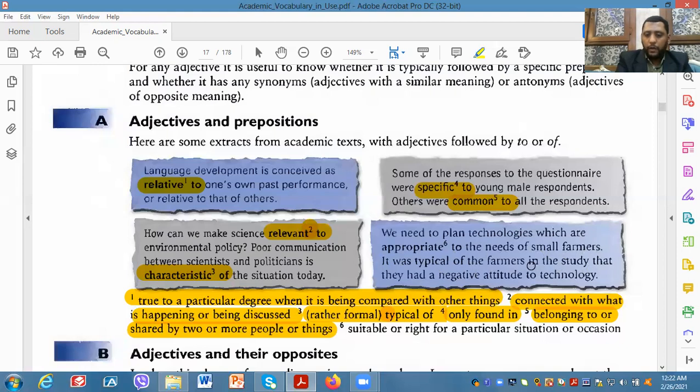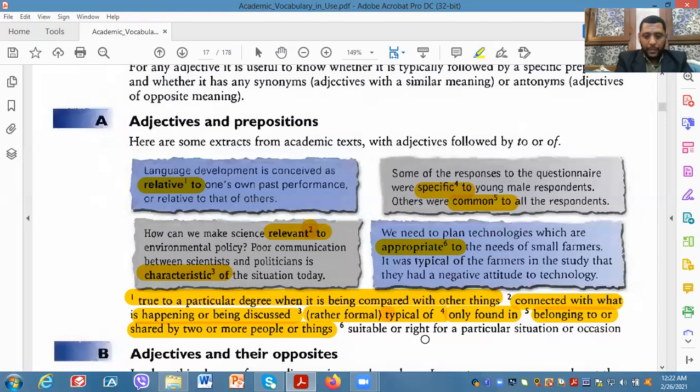It was typical of the farmers in the study that they had a negative attitude to technology. All right, so where is the adjective in here? Appropriate, and it was followed by to, which is the preposition. Appropriate to is an adjective that's been followed by a preposition to.